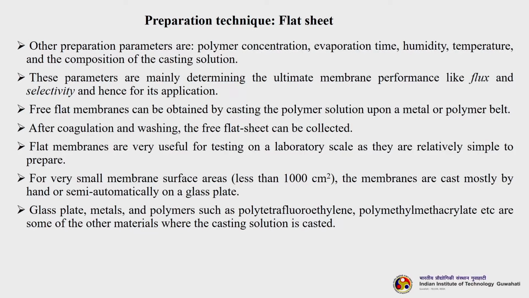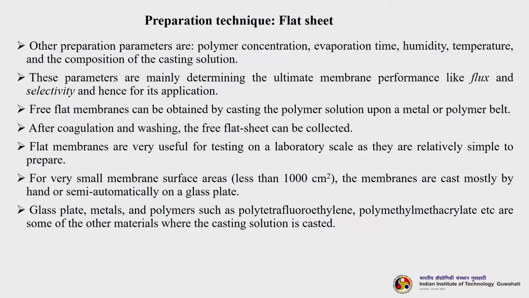So, free flat membranes can be obtained by casting the polymer solution upon a metal or a polymer belt. After the coagulation and washing, the free flat sheet can be collected. If I do not want any other treatment processes, then I can usually collect it after coagulation and washing and use it. Flat membranes are very useful for testing on a laboratory scale, as they are relatively simple to prepare.